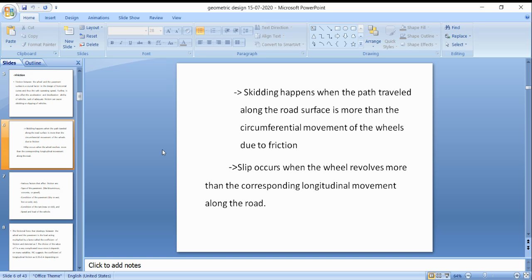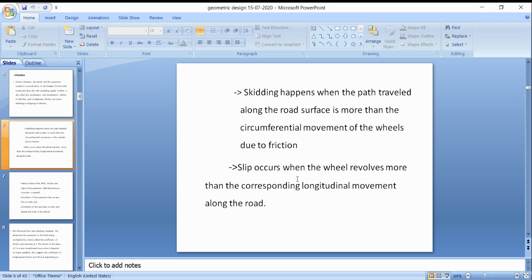Skidding will occur when the vehicle is making a long turn along the road. The wheel will get friction, and due to friction the wheel gets turned, so there is a chance of skidding over there. Or if we apply a sudden brake, then there is a chance of skidding of the vehicle.